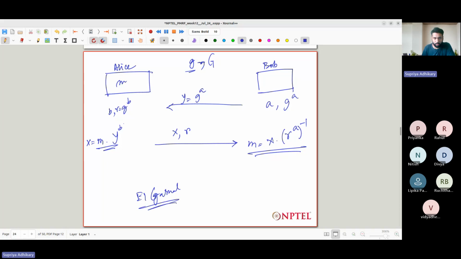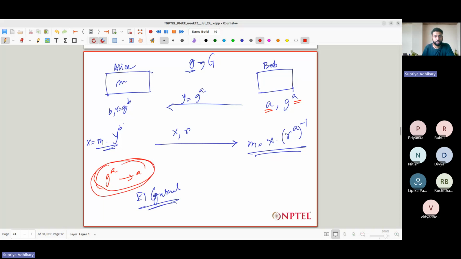Now in this whole process, the secret was basically this a that Bob generated. This was the secret, and this was never shared. In fact, Bob only shared g to the a, and from the hardness assumption, we know that computing a given g to the a is the discrete log problem, and this is very hard.